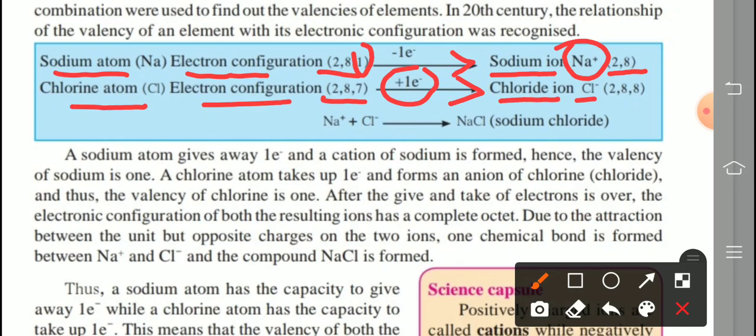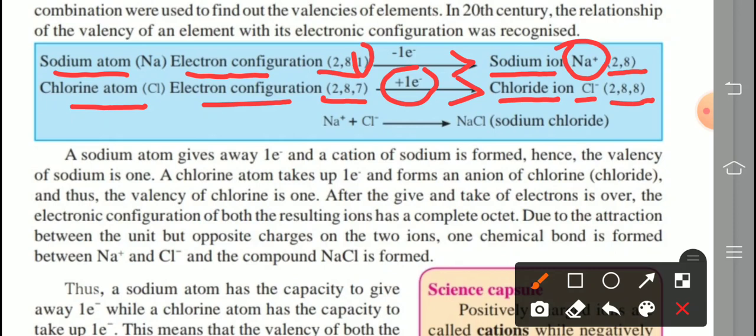Why does this minus charge occur in the chloride ion? Because 1 electron is gained. Electron is a negatively charged subatomic particle. That's why the chloride ion, the negative ion of chlorine, is formed. Its electronic configuration is 2, 8, 8. In the third orbit, 8 electrons are there, so the octet is complete.